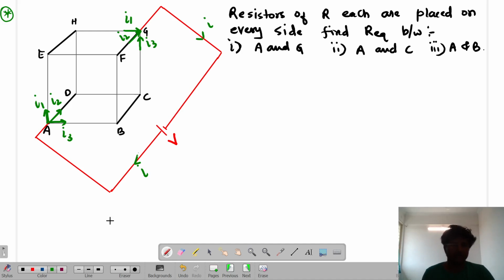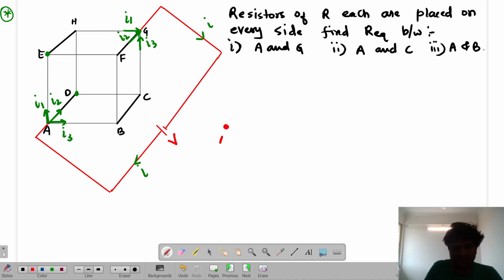Got it or not? Now you see what is actually happening. See this point and this point. Basically, I1 will be distributed in three more parts over here at point E. So let us understand the distribution.